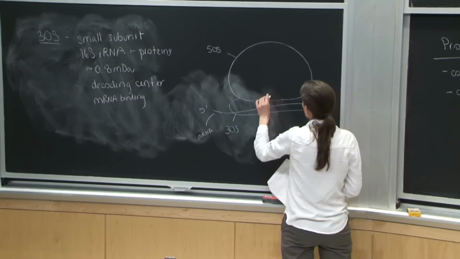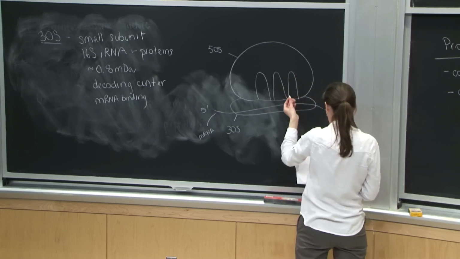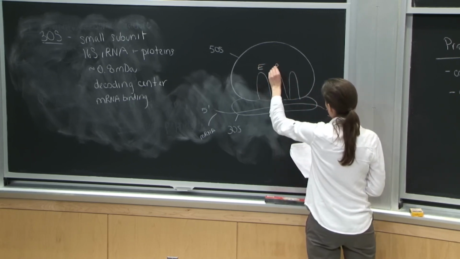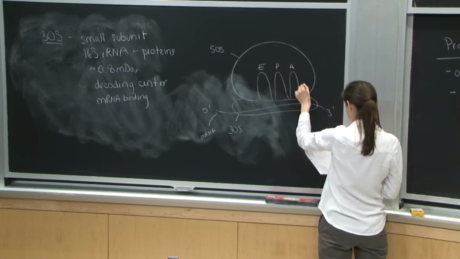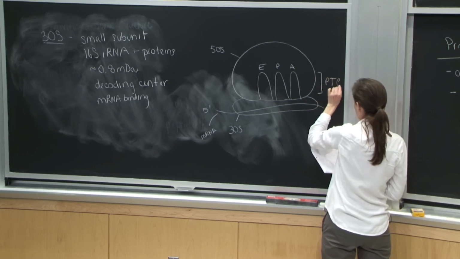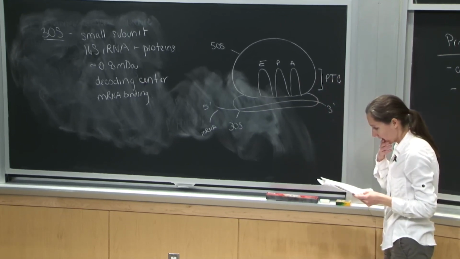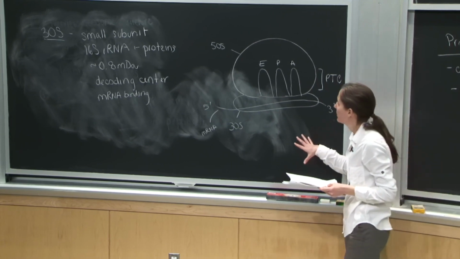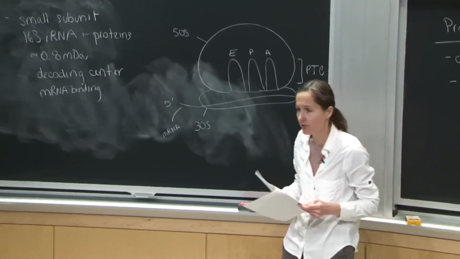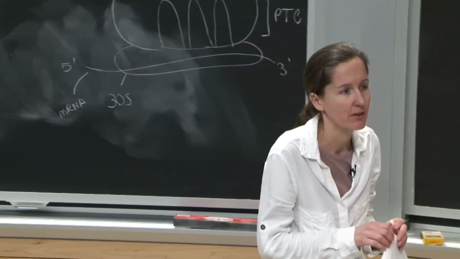Within the 50S, we can think about these sites for tRNA binding ordered as such, E, P, and A. This is the catalytic center or peptidyl transferase center. Overall, this assembled ribosome is on the order of 2.3 megadaltons and about 200 angstroms in diameter.